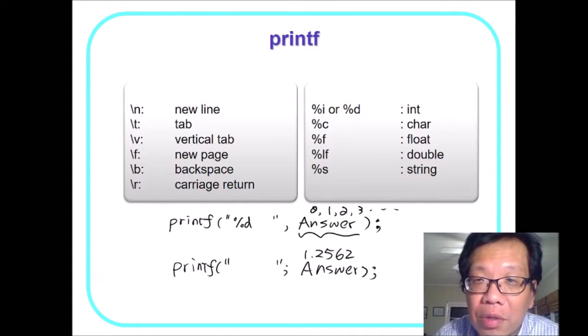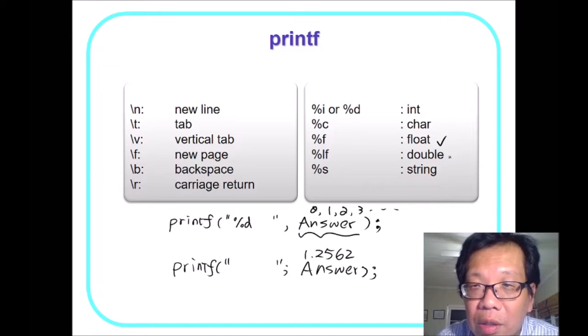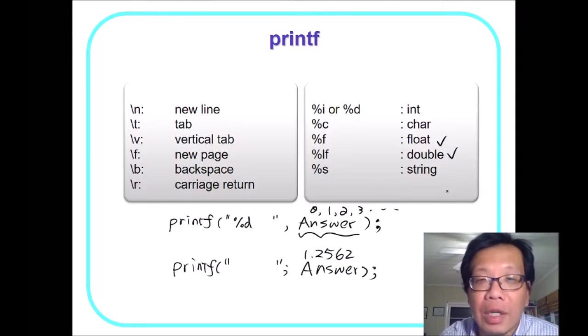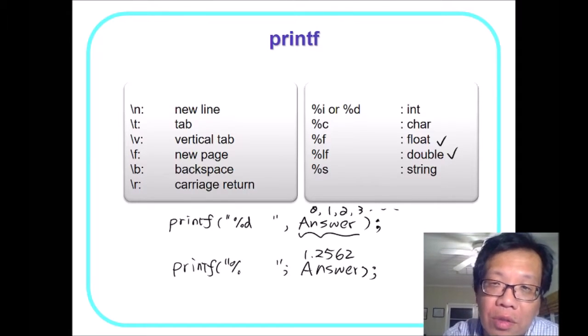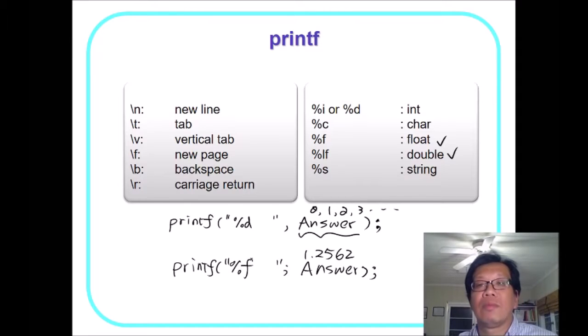You will need to use this one to represent that. So normally we'll just use f. Okay, so when we are using f, it's going to print out 1.2562. If you are doing something like %d, then you're going to get the answer as 1.